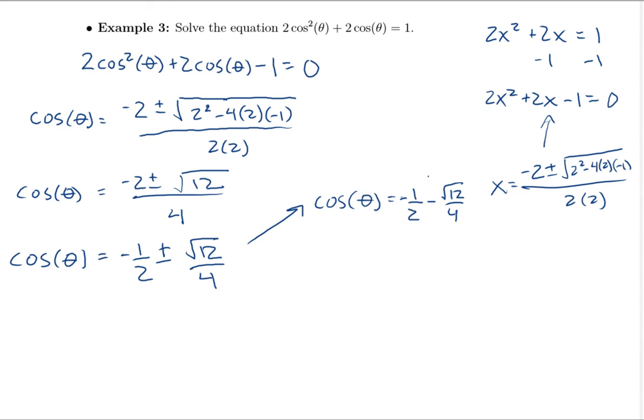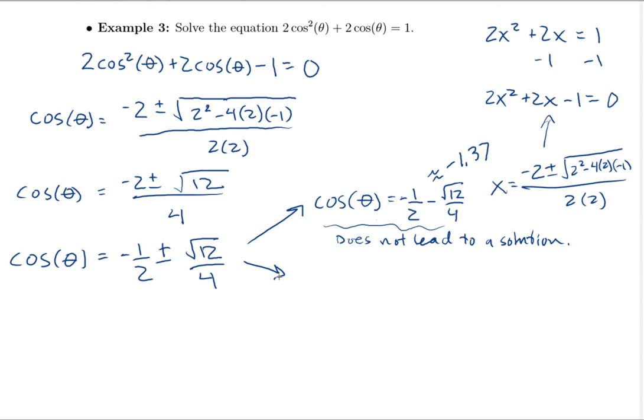So that ends up being about -1.37. So remember, the cosine can never be smaller than -1. So this does not lead to a solution. But that's okay. We had the same sort of thing happening with one of our factors in the previous example. So we just don't worry about that one.